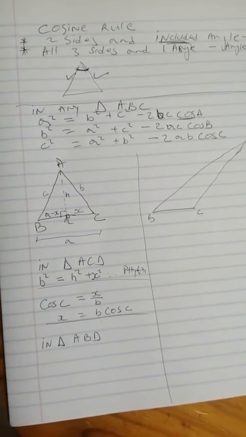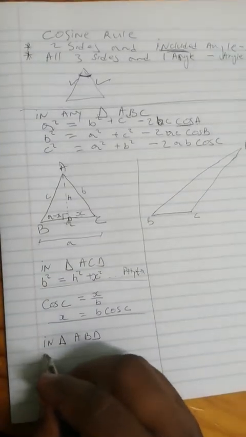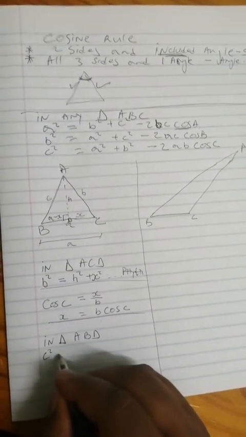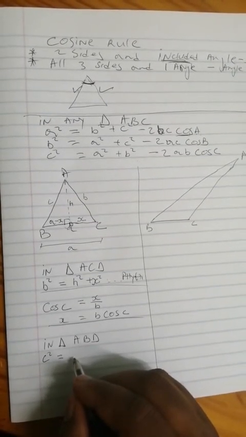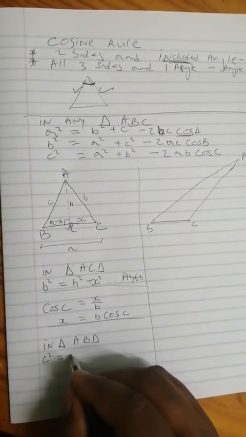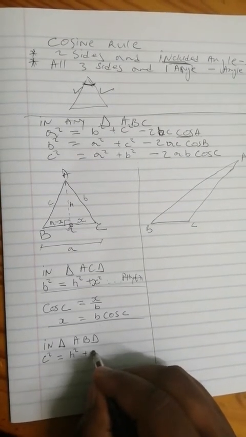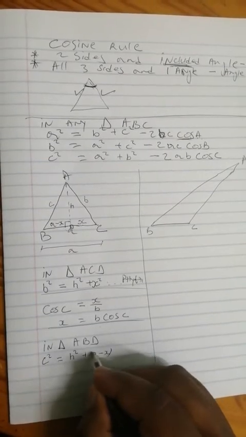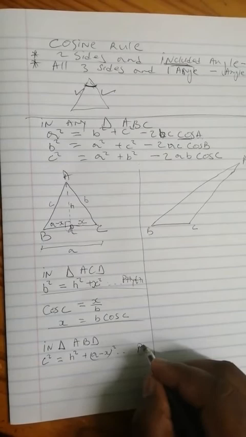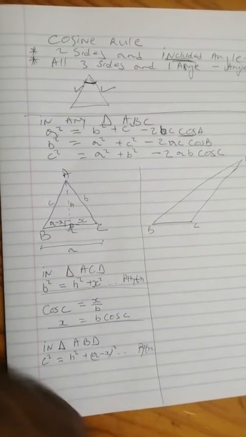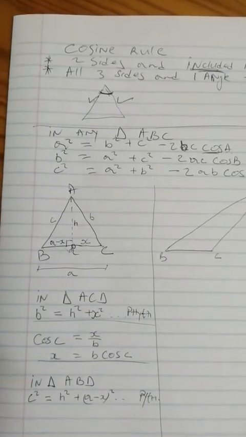You can see that C is the hypotenuse, so C squared is equal to H squared plus (A minus X) all squared. This is Pythagoras theorem, and we are using it because we have a right angled triangle there.